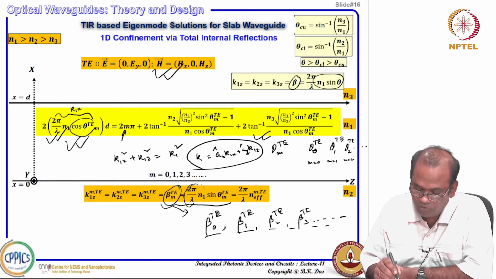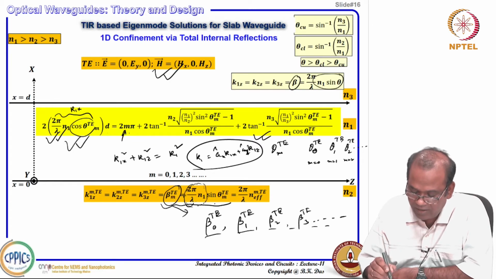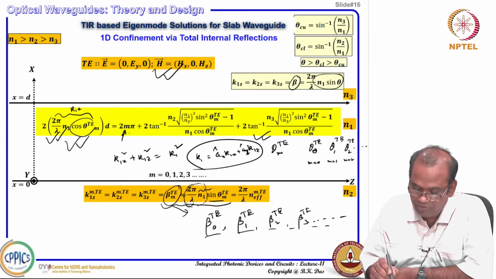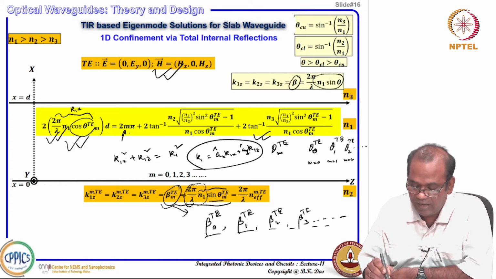Normally, if it is a homogeneous medium of n1, the propagation constant would have been 2 pi by lambda into n1, but in the waveguide, in the longitudinal direction, you have to multiply by sin theta TEM, whatever solution comes, you have to consider this one. So, instead of n1 you are using n1 times sin theta, whatever solutions you are getting.